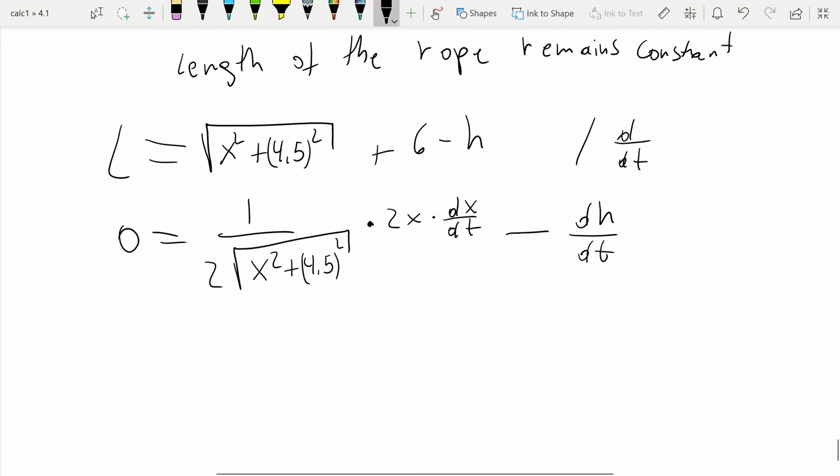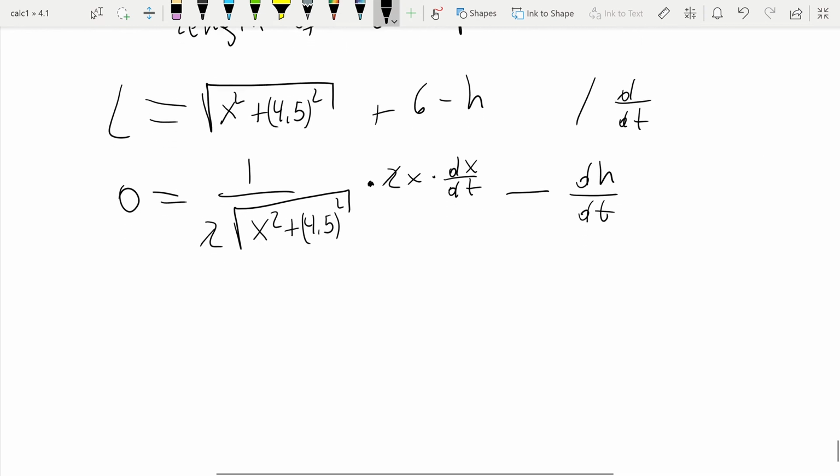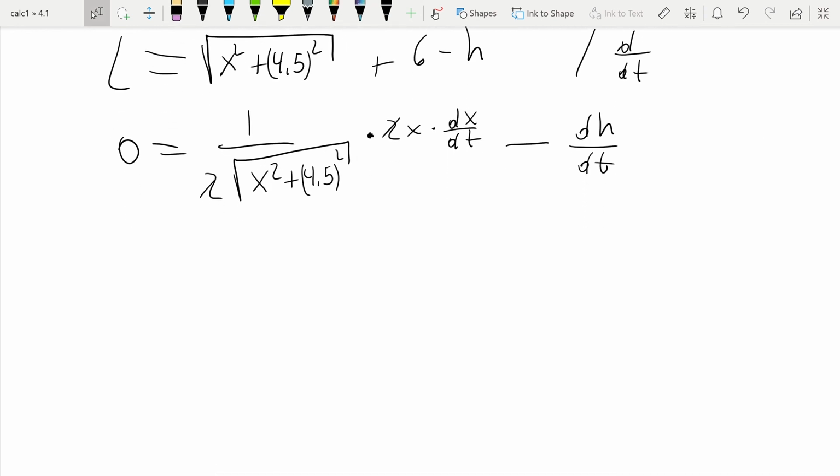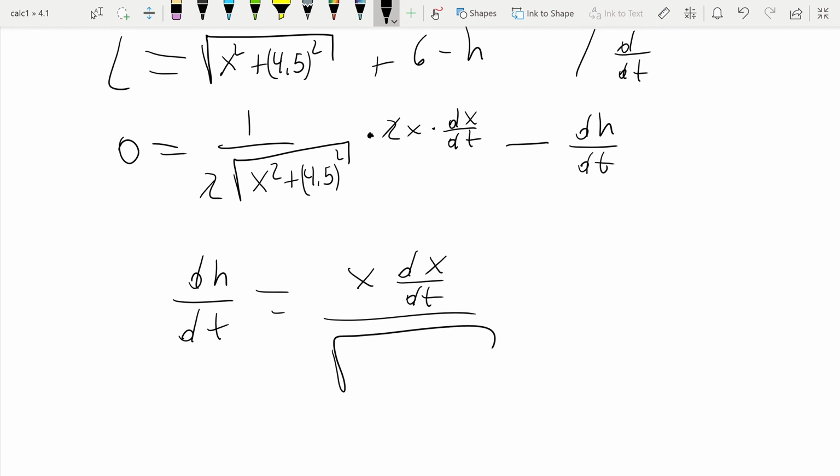Okay, so finally, we can cancel these 2's out. Finally, what we obtain is that dh/dt is equal to x times dx/dt divided by the square root of x squared plus 4.5 squared.